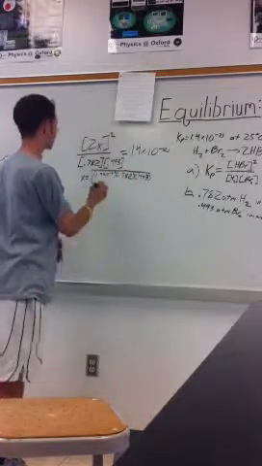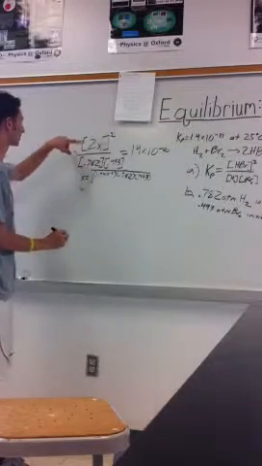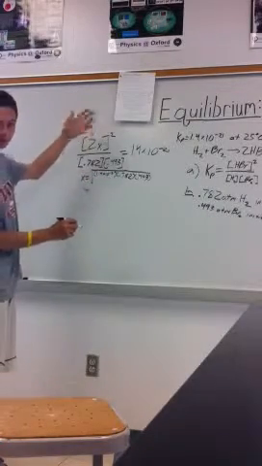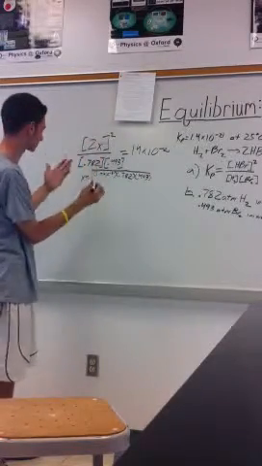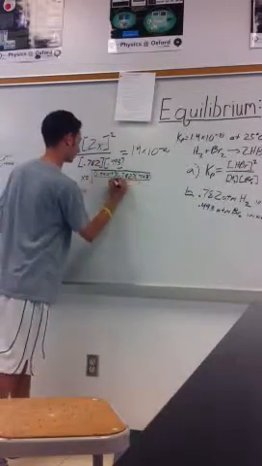Close up that parenthesis. And that is all going to be over 4 because 2x, all in the brackets, squared is 4x squared. So you're going to divide that by 4.